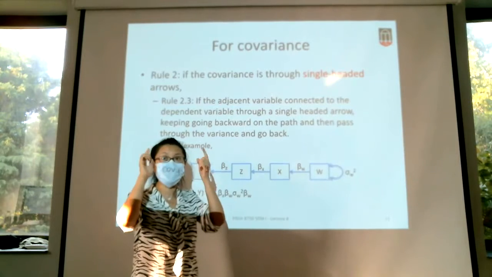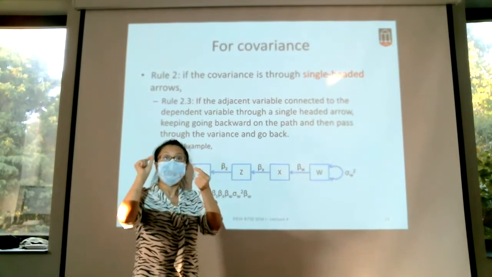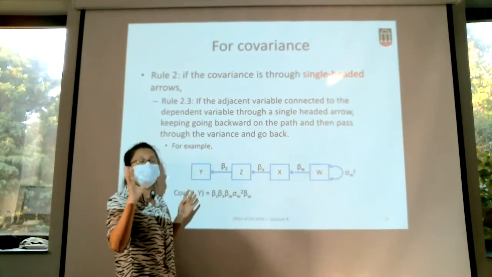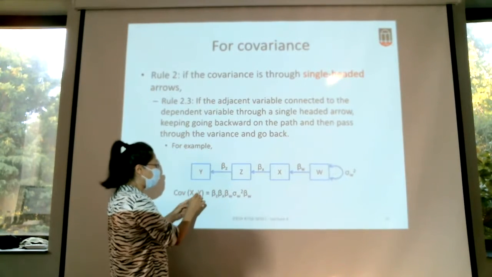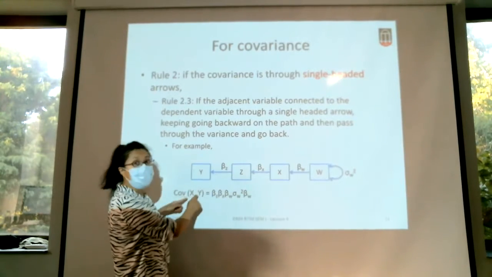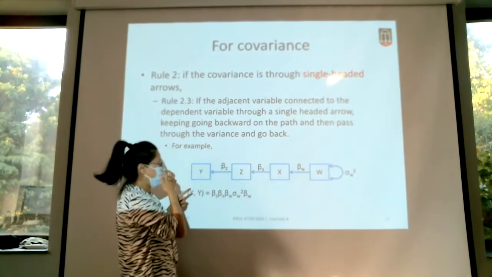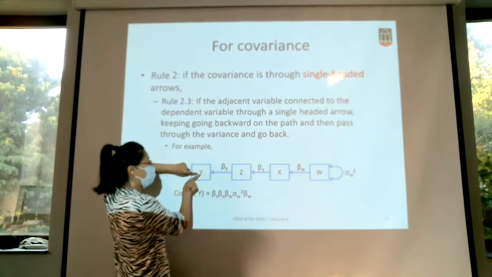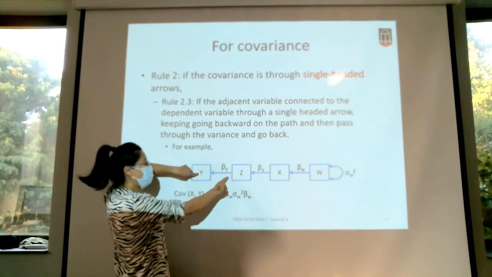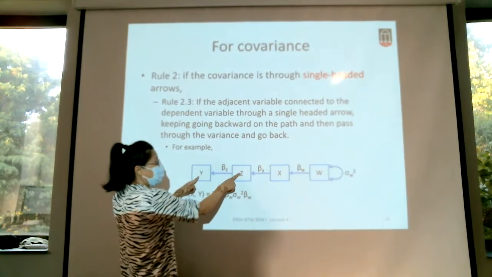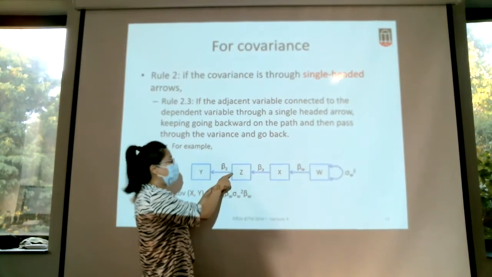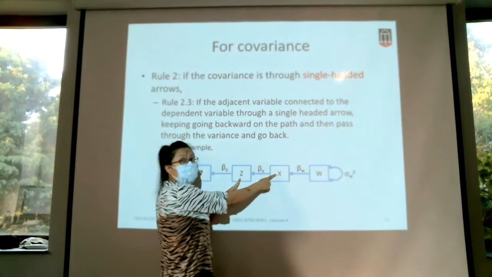Always think about that. Start from the dependent variable, stop at the independent variable, or not. Sometimes it's not independent or dependent. So anyway, you're going to start from one variable, in this case start from y, and then stop at x, the other variable. So here, start from y, go back in the direction of the single-headed arrow. And you're going to write down the coefficient of the path, and then go back to x.